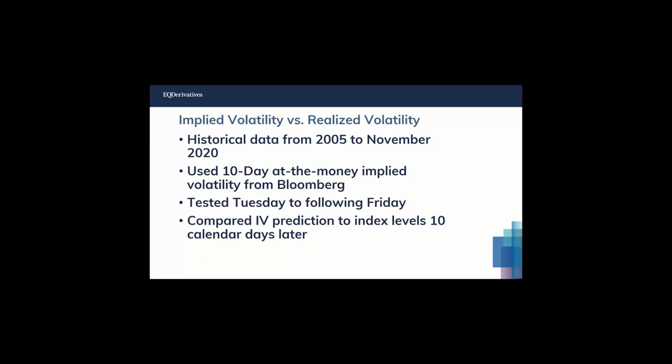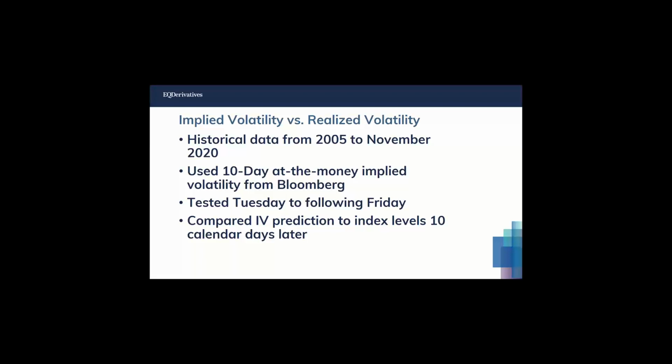So what I did here, when I was looking at implied volatility versus realized volatility, is you can actually get 10-day at-the-money consistent implied volatility from Bloomberg for each of the indices. I did that because it's the same calculation for all three of the indices. Whenever there were 10 calendar days between a Tuesday close and a Friday close, I would calculate where each of these indexes fell relative to the implied volatility prediction for the index 10 calendar days later.